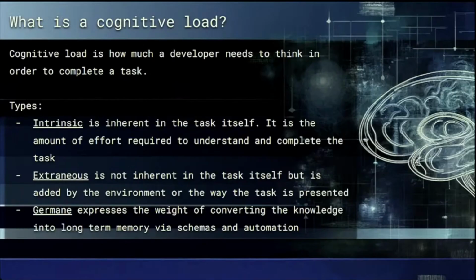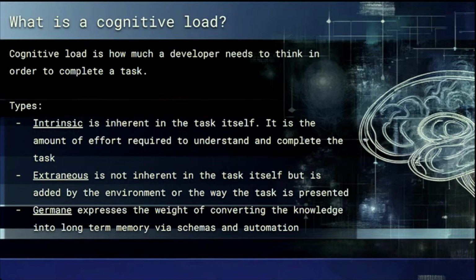Theory. So what is cognitive load? Cognitive load is actually how much you have to think in order to complete a task as a developer. So generally any task, but today we're going to be focusing on cognitive load in software development. That's why the developer is mentioned in the definition.